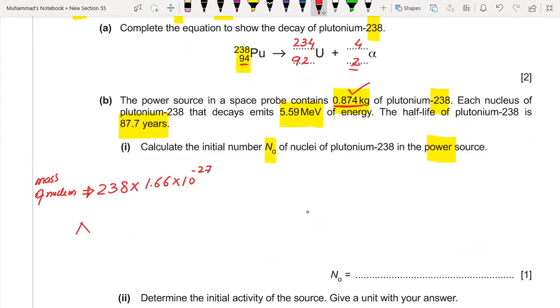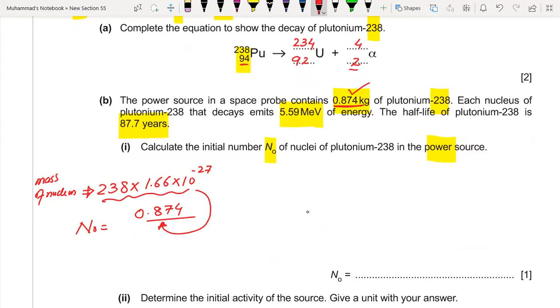So the number of nuclei will be this much mass divided by the mass of a single nucleus. So you will get the number of nuclei at the start.